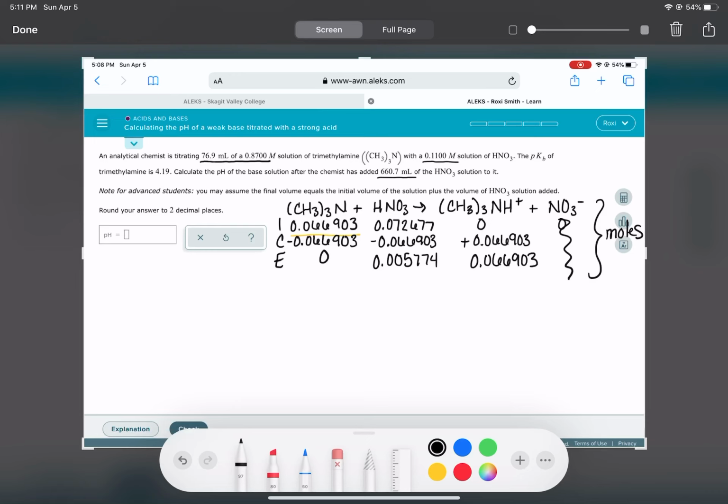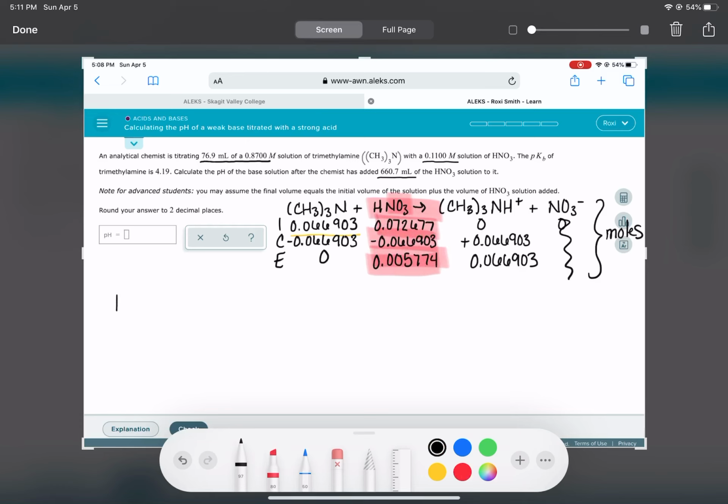Whenever we get to this point in this type of problem, we have to decide, how are we going to calculate the pH? Are we going to use Henderson-Hasselbalch, or are we just going to go straight to pH? In this case, we have strong acid left over. Strong acid, HNO3, is going to dictate the pH of the solution.